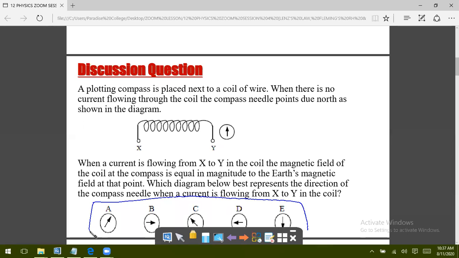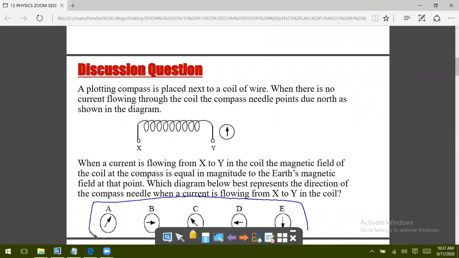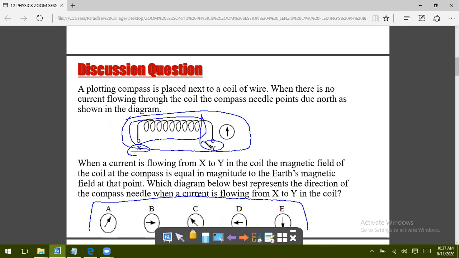Ileana? Somebody talk to me. Wallace, what is going to happen, especially in the coil, when current flows from X to Y? What will happen to that coil?